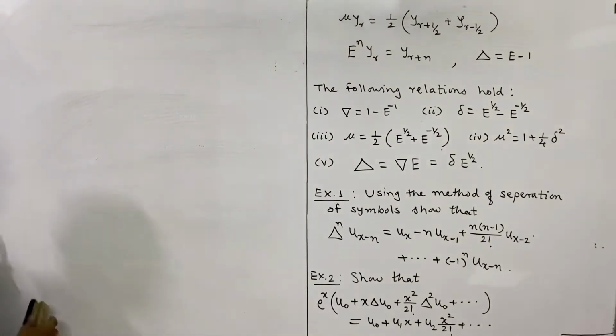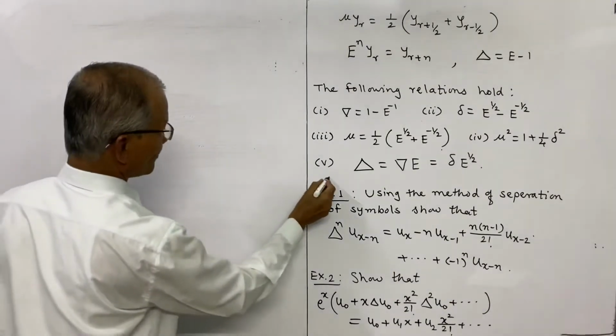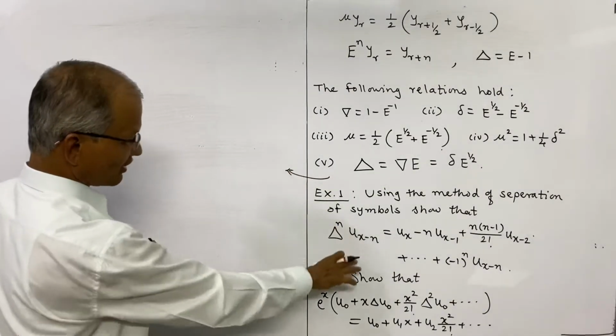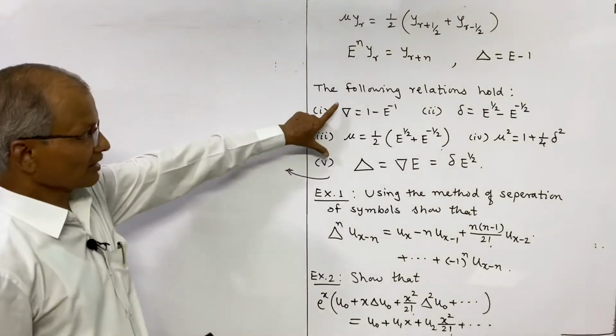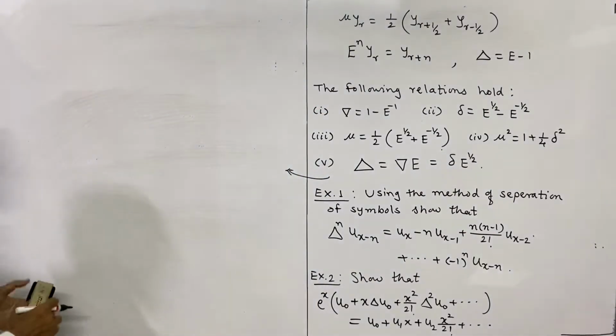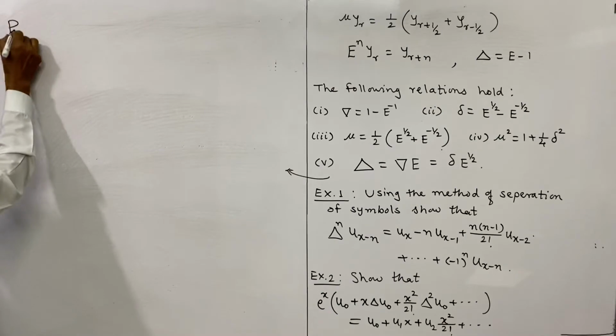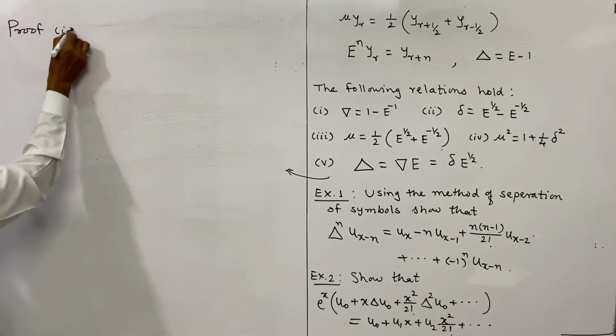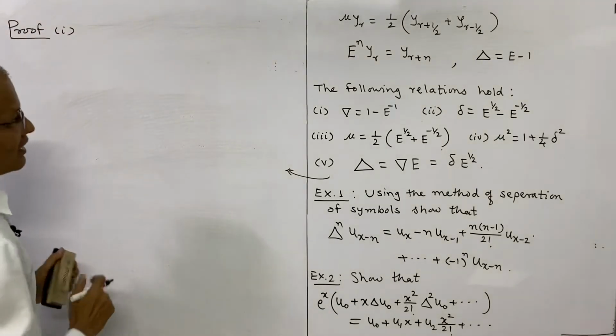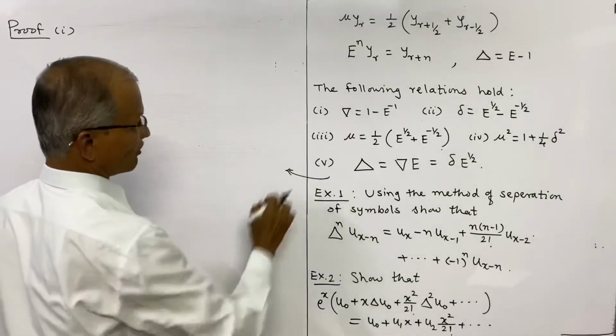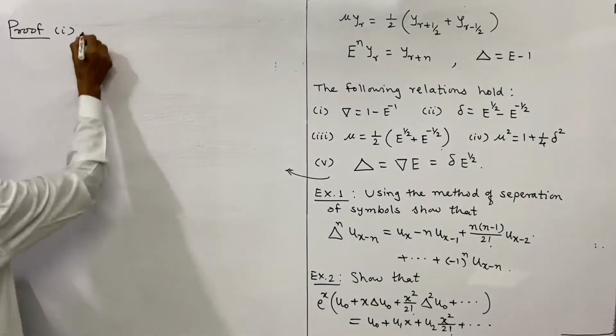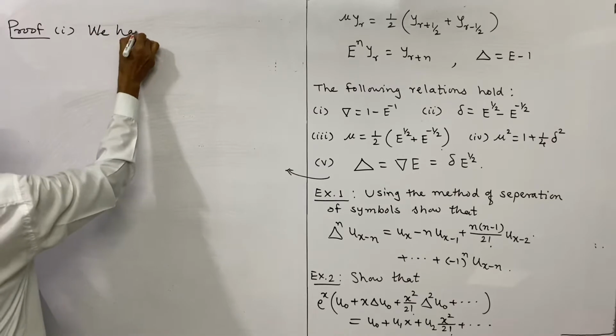First, the proof for the first. See del, we know the del operator on y1 by definition.